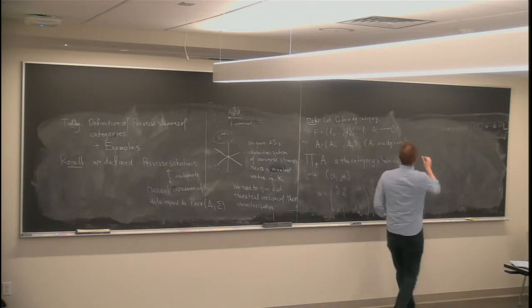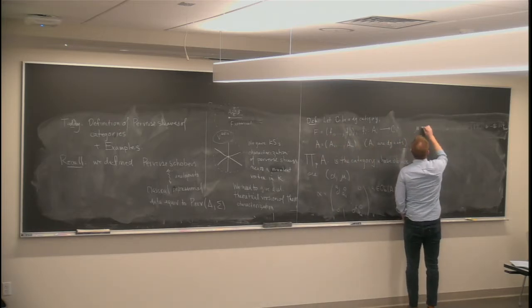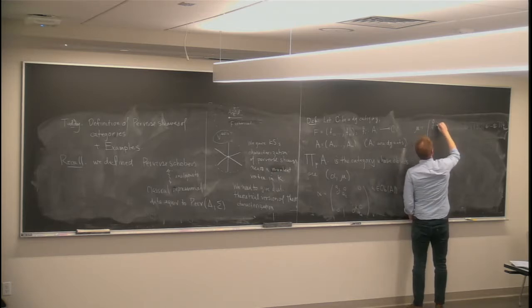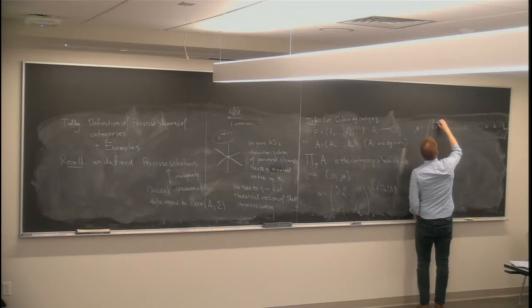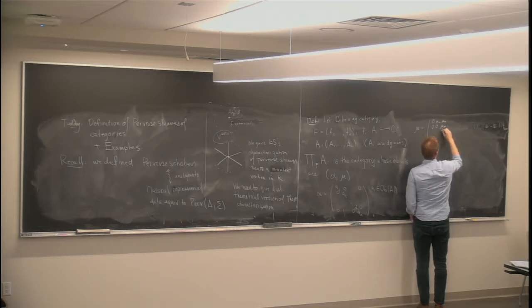And mu is again a matrix. So it's going to live in the sort of diagonal here. So mu_12, mu_23, mu_13. So everything lives above the diagonal.